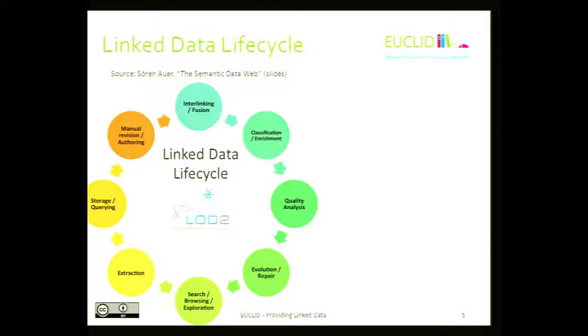So the LOD2 project has this nice continually circular approach to life cycle, where we could start at some point, for instance, by looking at the interlinking of our data with other people's, and then enrich that data, including enhancing classification, so people can look up resources from our data and from other people's according to agreed classifications, classes in vocabularies.